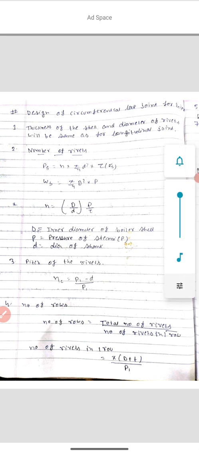First, how you are going to find the thickness of the shell and diameter of the rivet. So the first point is that the thickness of the shell and diameter of the rivet will be the same as the longitudinal joint.